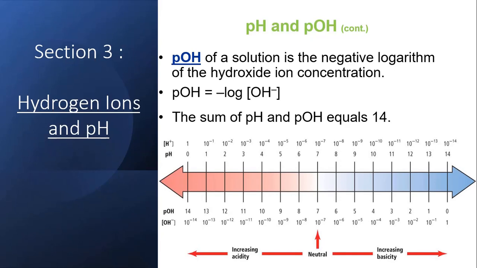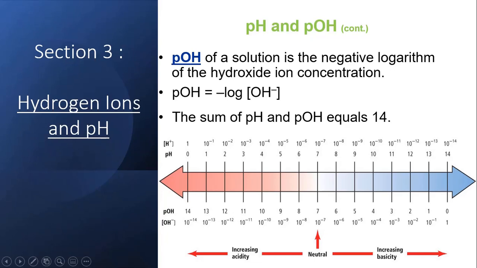So if you see this scale, you will see that pH and pOH are inverse. So if pH increases, pOH decreases. As you go to the right, pOH decreases; as you go to the left, pOH increases and pH decreases.